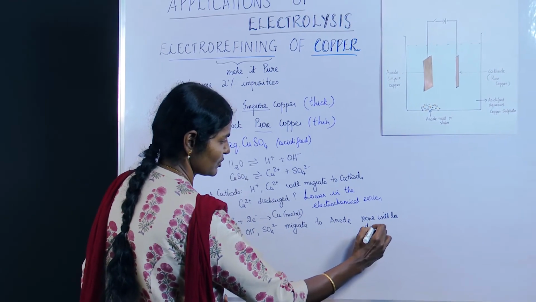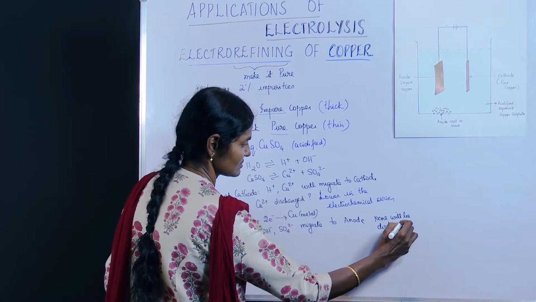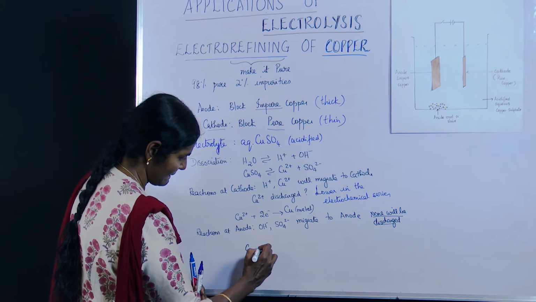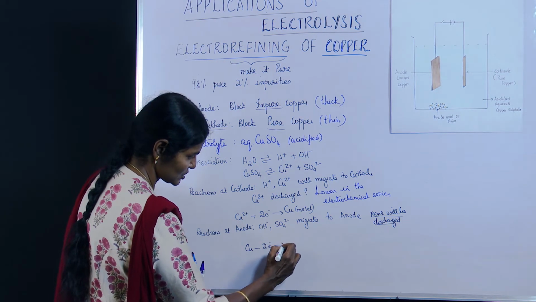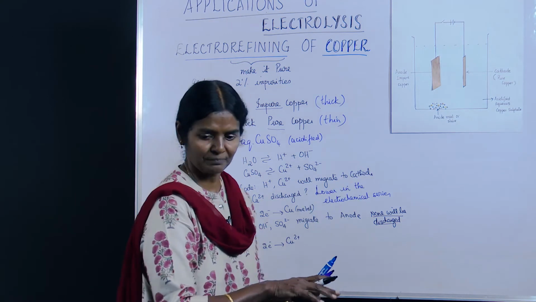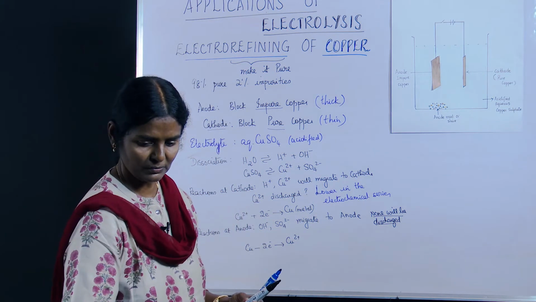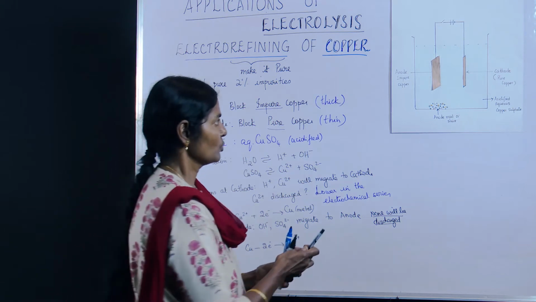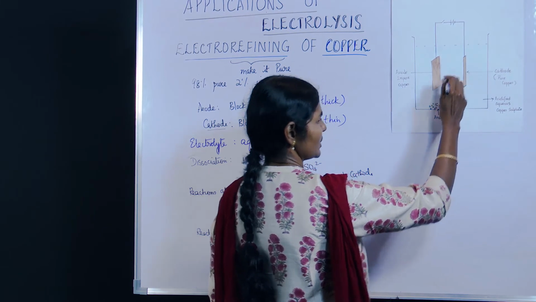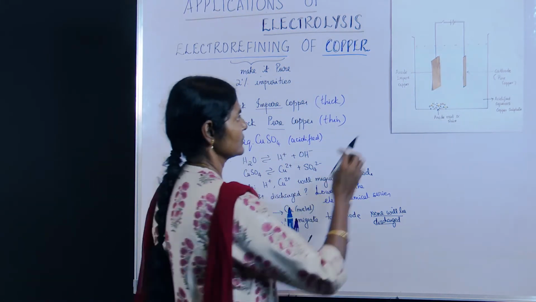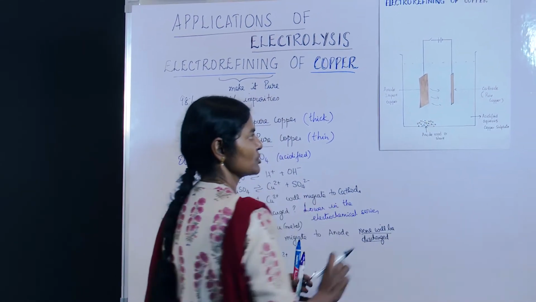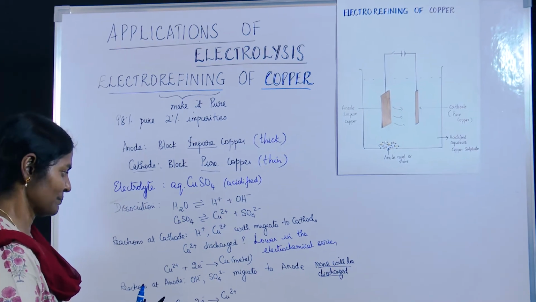Instead, copper will ionize. Therefore, copper loses 2 electrons to become copper ions. These copper ions start moving everywhere and get deposited as pure copper.